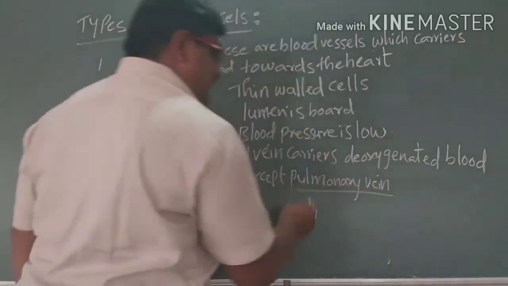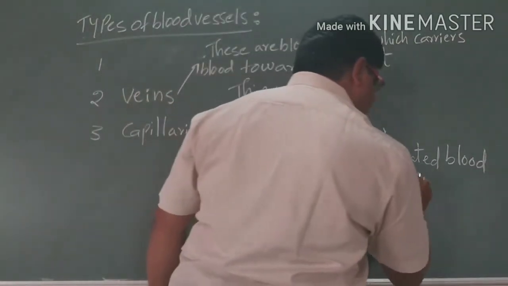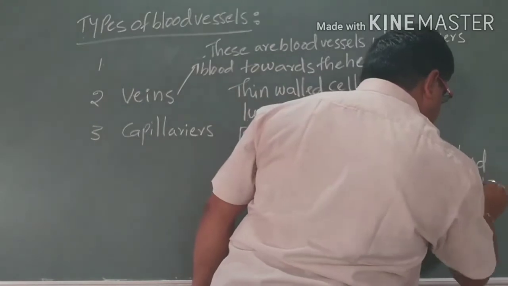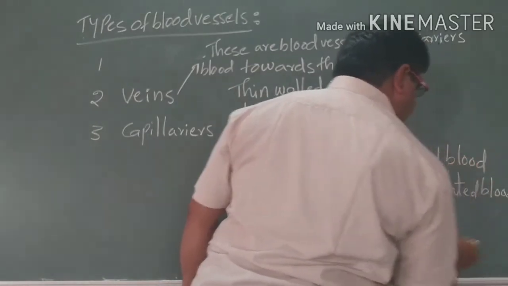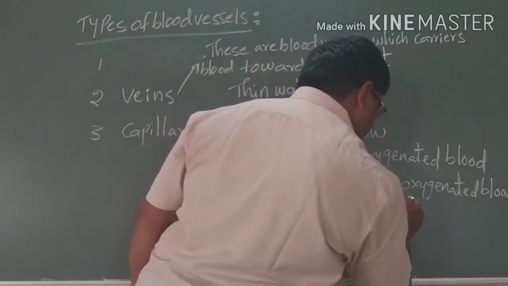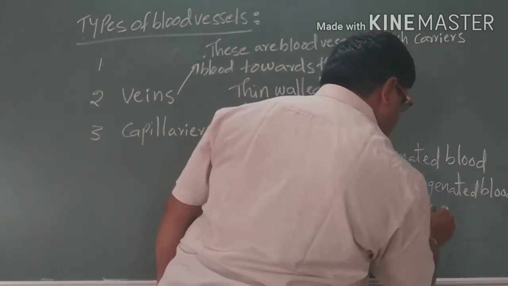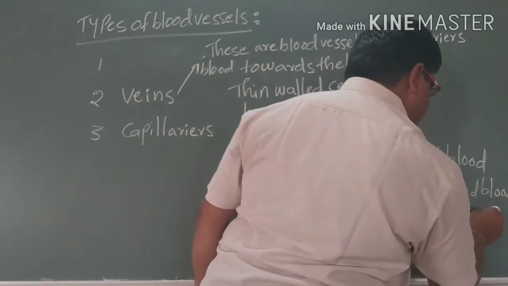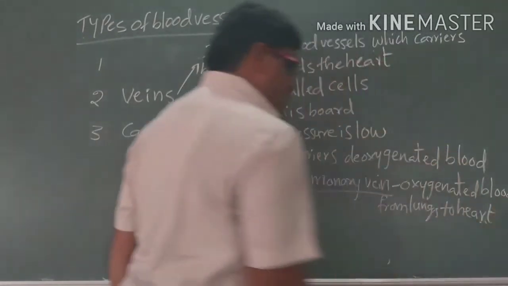The pulmonary vein carries oxygenated blood from the lungs to the heart. So it carries the blood from the lungs to the heart.